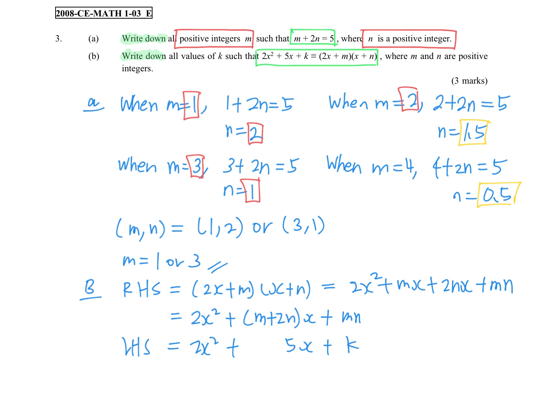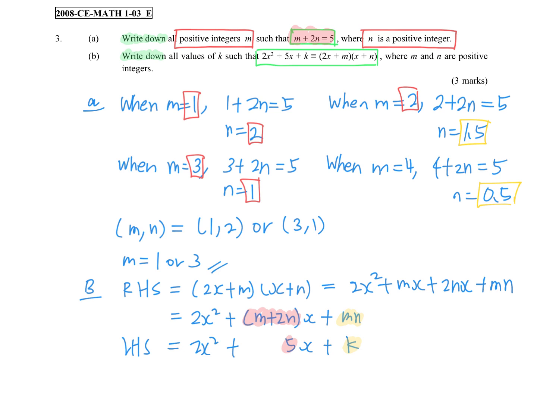You can see that m plus 2n equals 5, and then mn equals k. But surprisingly, wow, m plus 2n equals 5, the red highlighting, we did it in part A. So you can see the two parts are actually related.